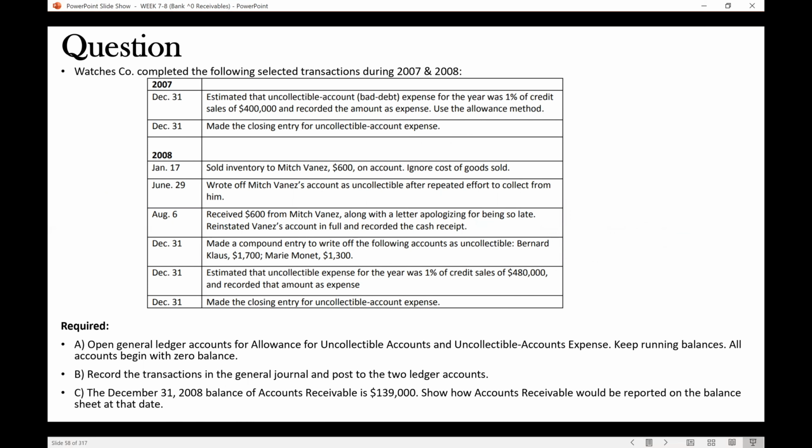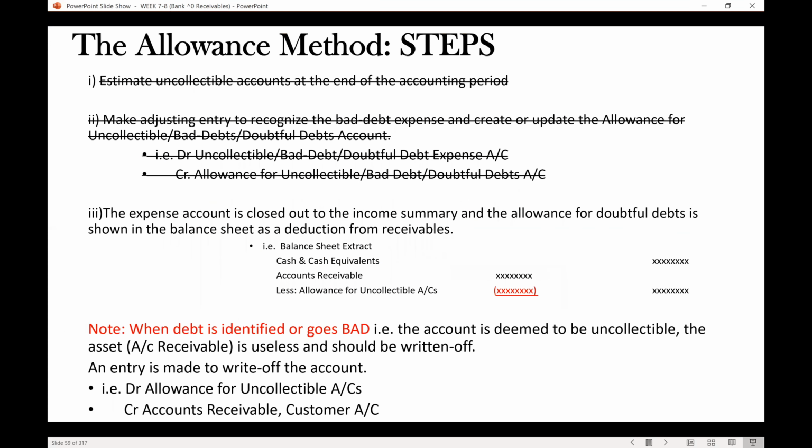So what we're supposed to do is show how accounts receivable should be reported in our balance sheet as at December 31st, 2008. So remember, after we would have closed out income summary, right? We're at this stage showing the allowance, putting it in our balance sheet and deducting it from our receivables.